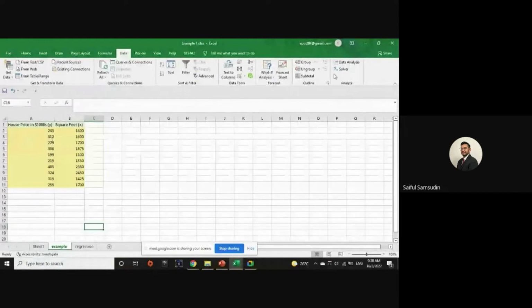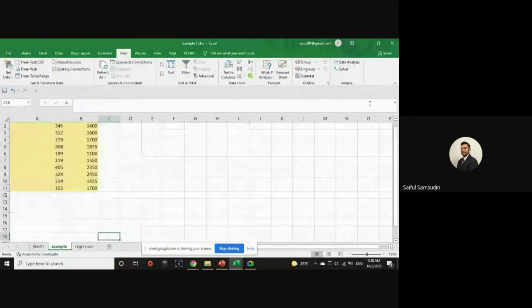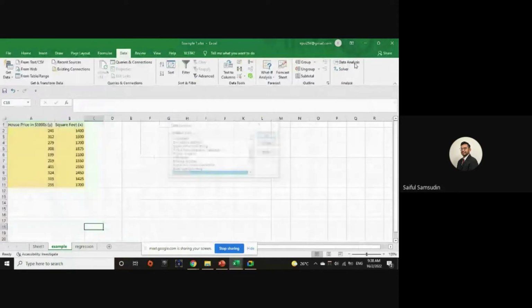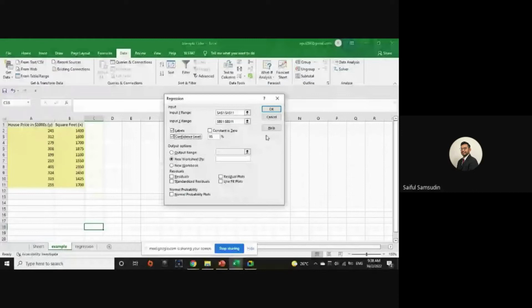First you go to Data Analysis, and then you go to Regression. You will find Regression, and then you all click OK. Okay, am I clear? All right.